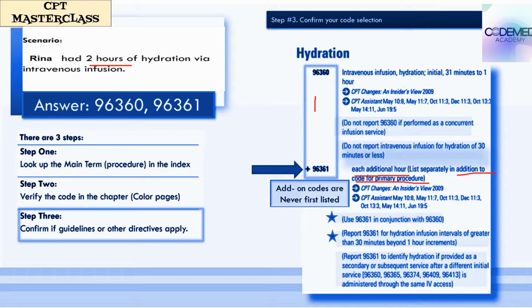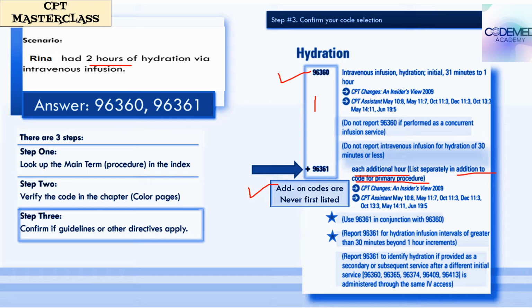So in this case, this is the primary code and this is the add-on code, and we will have to take the support of the add-on code because we have to code for the 2 hours. So we will write 96360 because it covers the first hour, and each additional hour 96361. So my answer will be 96360 and 96361.